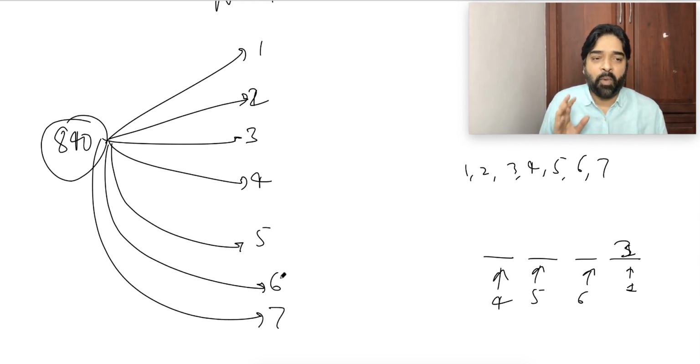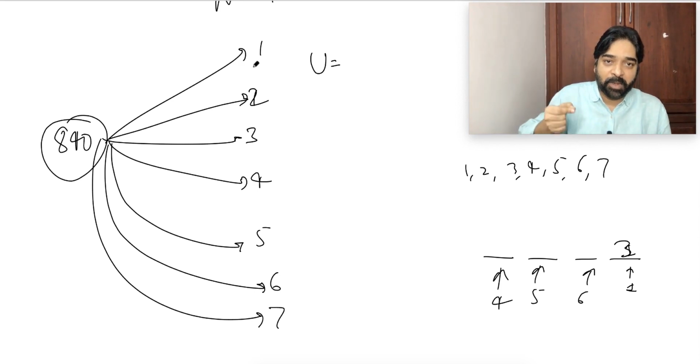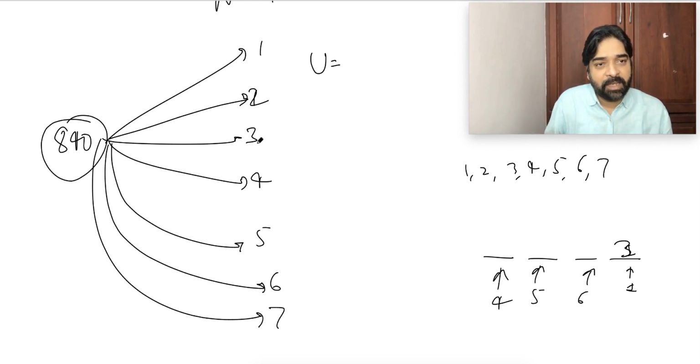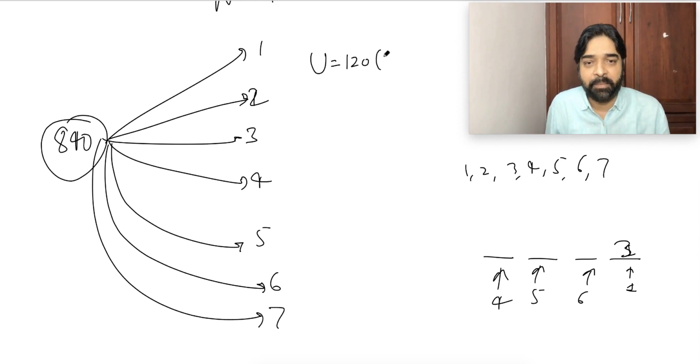What is the sum of the unit place? 120 times 1 plus 1 plus 1, then 120 times 2 plus 2 plus 2, then 120 times 3 plus 3 plus 3. So the unit place summation, I am writing, please watch.